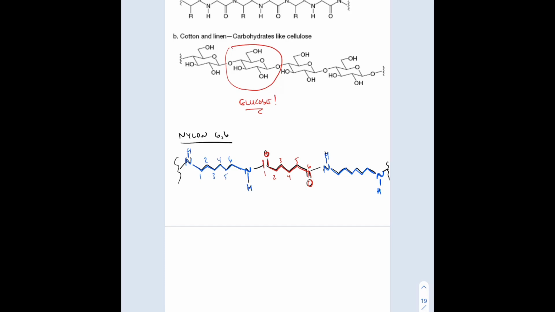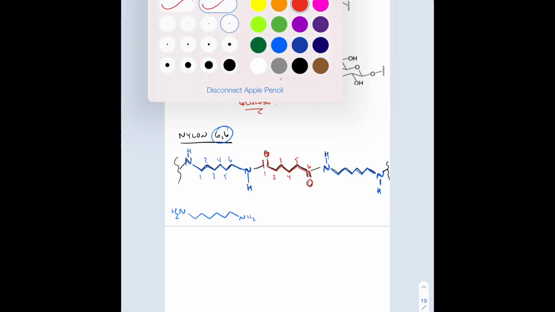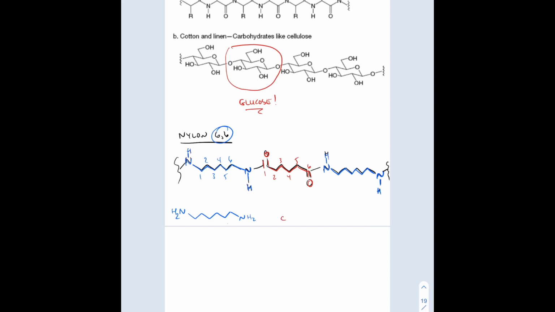And so if we wanted to figure out how to make this, well, one of the easiest ways to make amides is with an amine, and so that's why I've drawn that in blue. And our carbonyl source would be an acid chloride, because that is in fact the most reactive carbonyl that we have access to. And so that's exactly what happens.